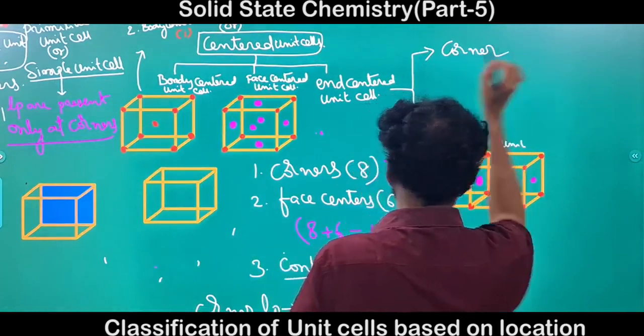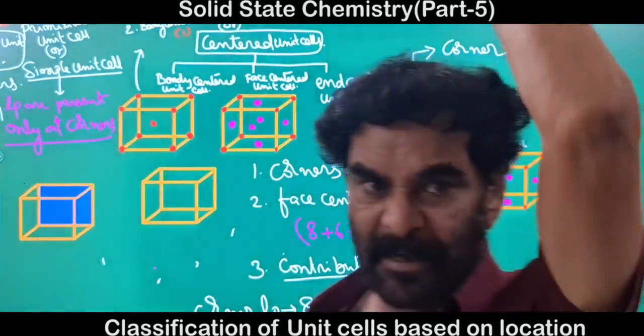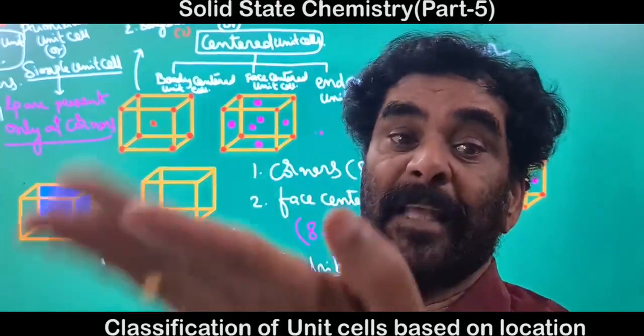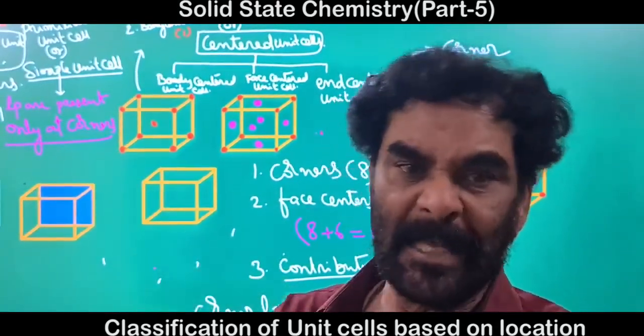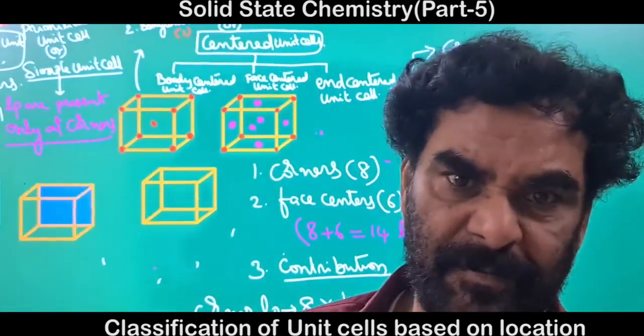Always in all the unit cells, the presence of lattice points at the corners is a must. Along with that, they are present at a specific position. Depending upon the position, the name of the unit cell will change.